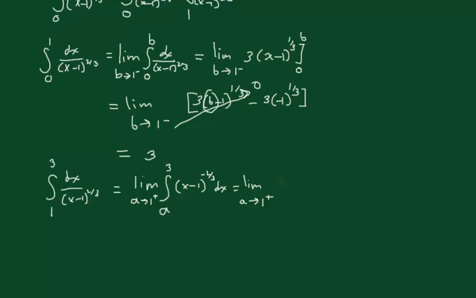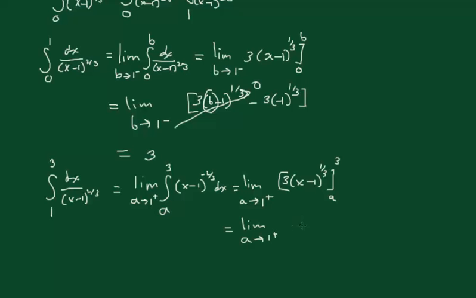The antiderivative is 3 times (x minus 1) to the 1/3. Again, by the fundamental theorem, we take that from a to 3, limit as a approaches 1 from the right.